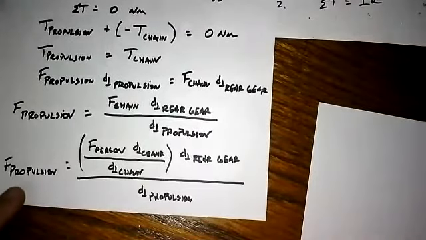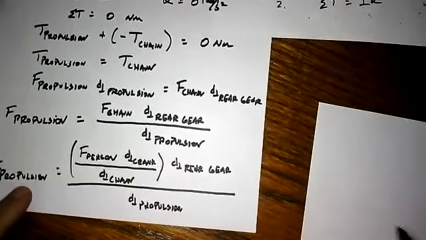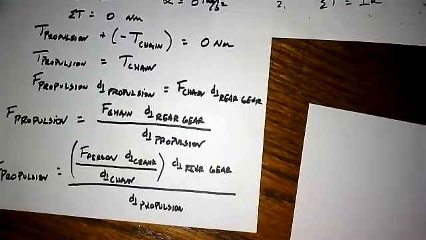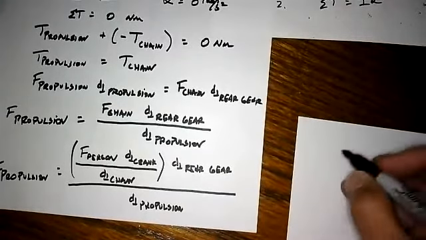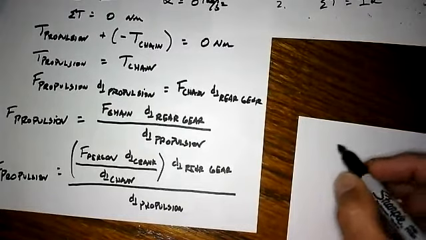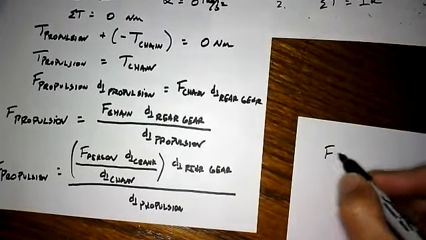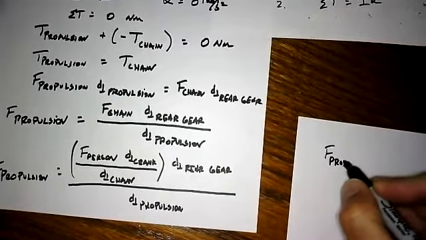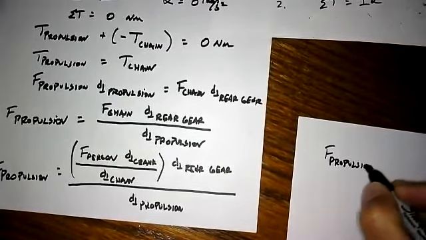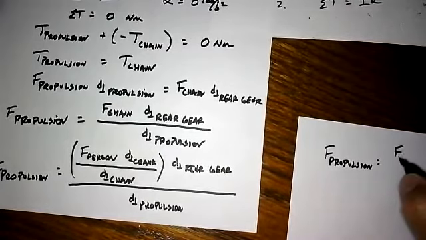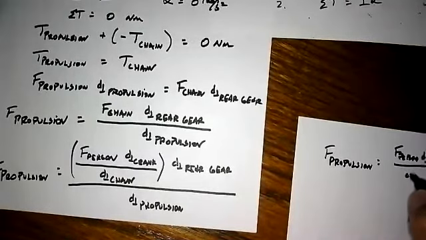Let me do it the long way. F propulsion equals F person times D perpendicular crank over D perpendicular chain times D perpendicular rear gear.